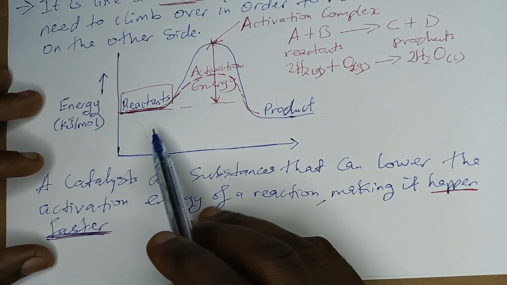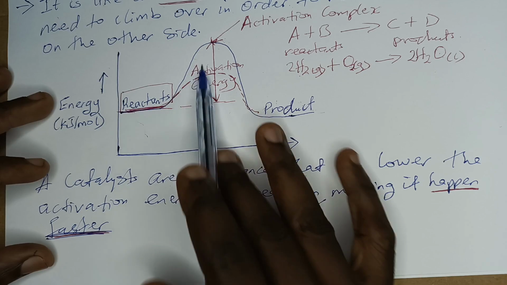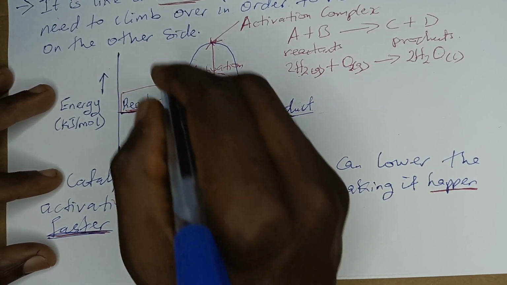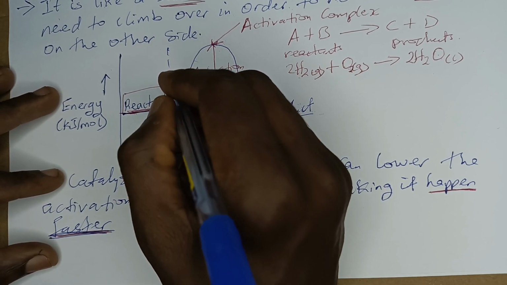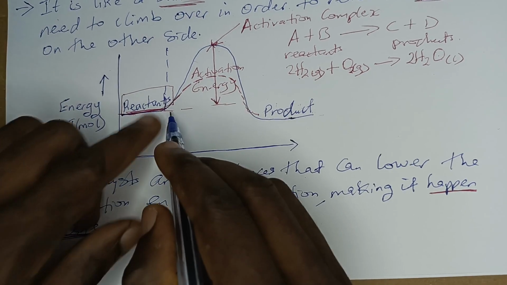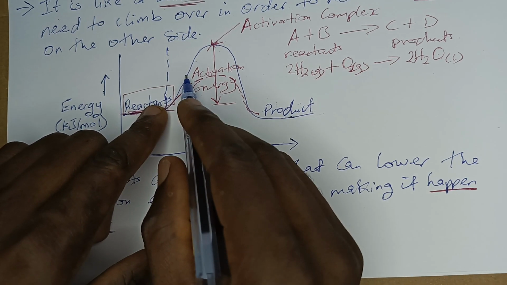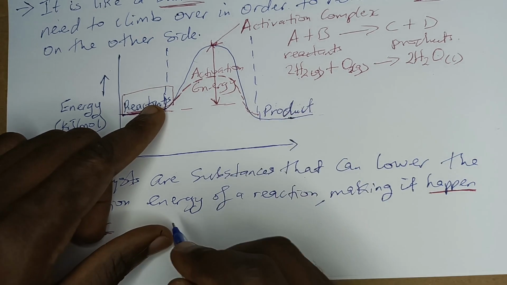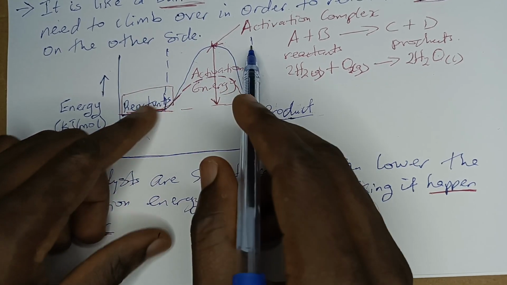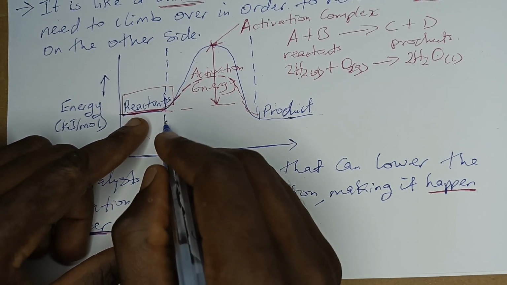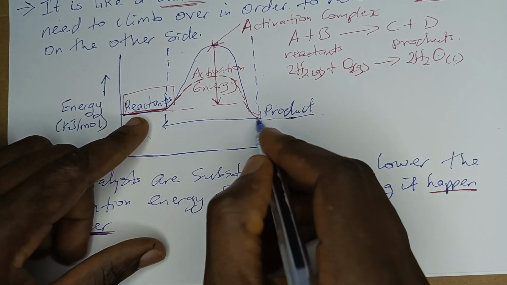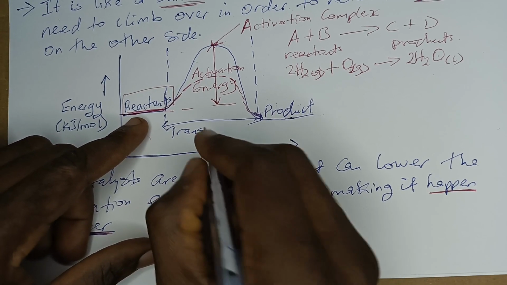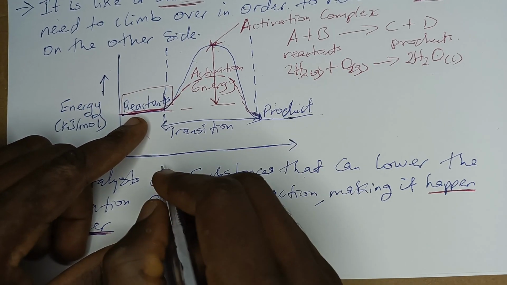There is another term we use in terms of this activation energy. The stage between the reactant, when it started climbing this barrier, to this stage is called the transition state.